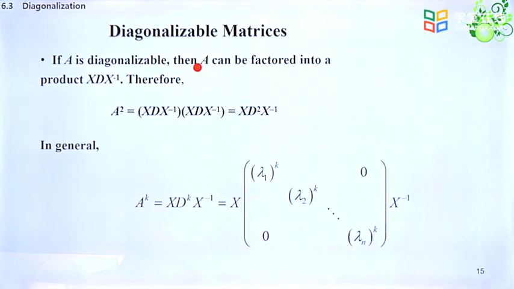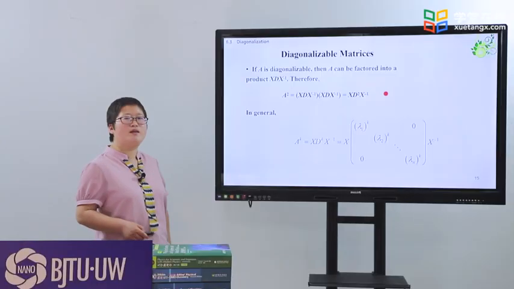If A is diagonalizable, then A can be factored into a product X times D times X inverse. Therefore, A power 2 equals X D X inverse times X times D times X inverse. We combine X inverse X together, and we will have X times D power 2 times X inverse.